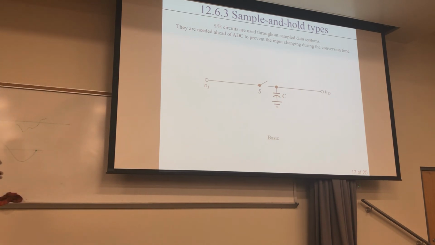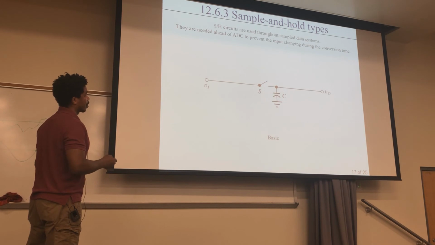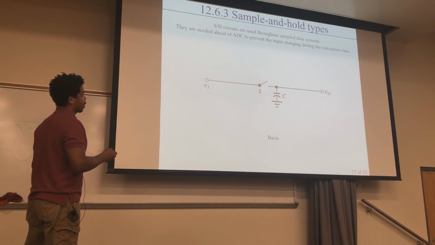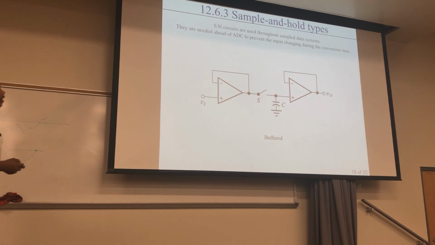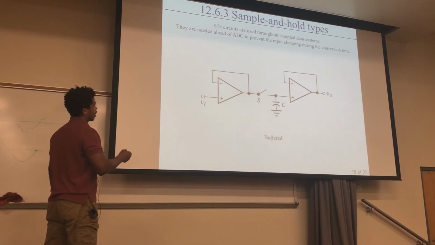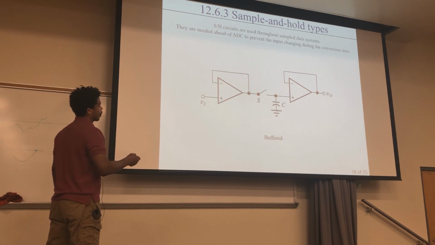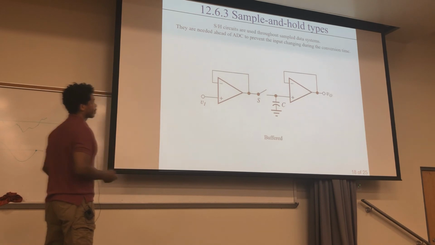For a few examples of what these things look like, here's the simplest version right here. Your signal comes through, your switch can close, then you get to that particular voltage, and it'll hold that once you open that up. That's one way of doing it. This right here is the buffered method, where here's your signal, and then that is copied over here, and then that goes to this capacitor, which is held, and then that's buffered over here.